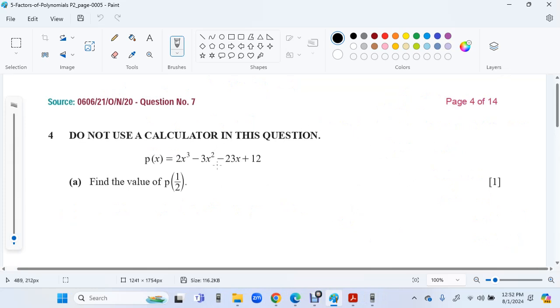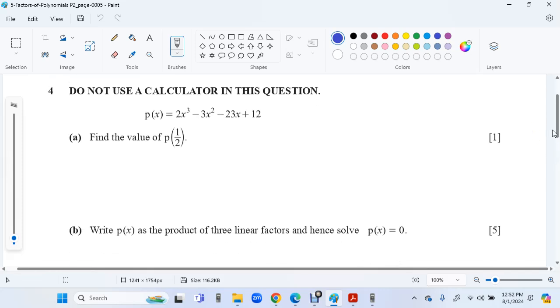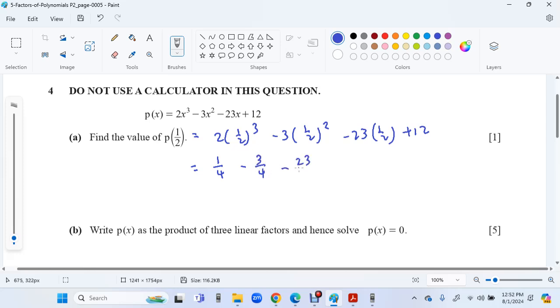So question number 4, do not use a calculator in this question. We want to find P of half. Then it will be 2 times half cubed minus 3 times half squared minus 23 times half plus 12. Then we have 1 over 4 minus 3 over 4 minus 23 over 2 plus 12. So negative half, so negative 24 over 2, that is negative 12.